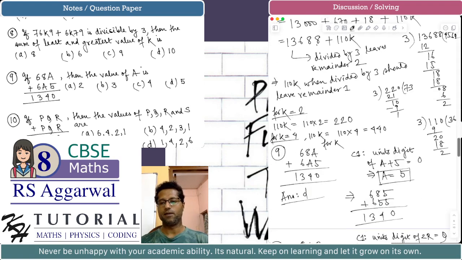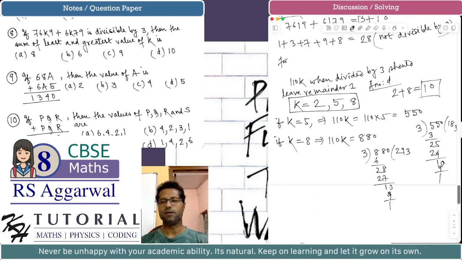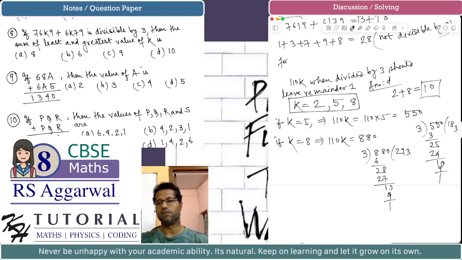Now we have to find all the values of k such that 110k when divided by 3 leaves a remainder of 1.